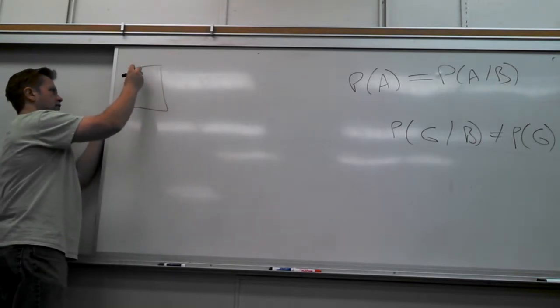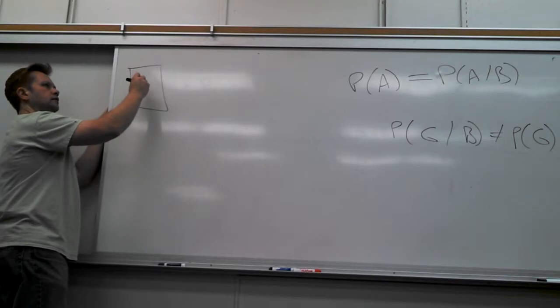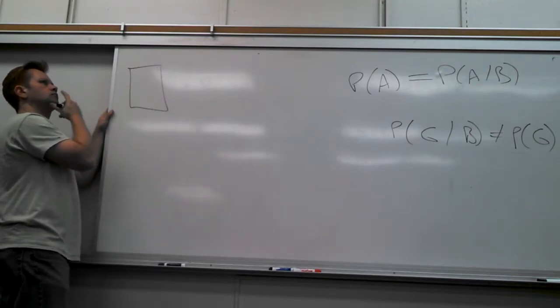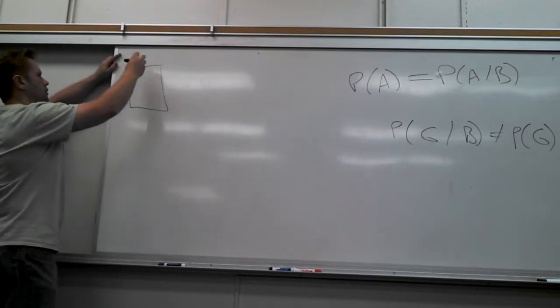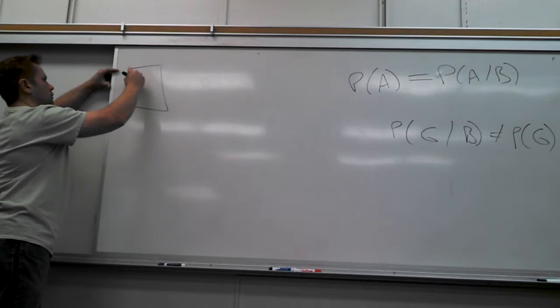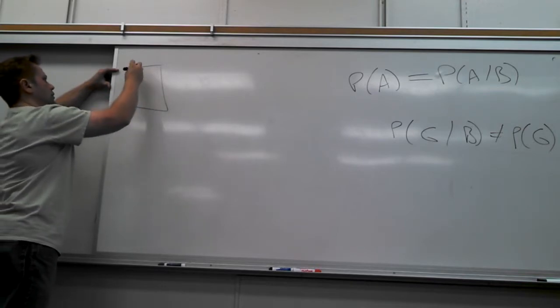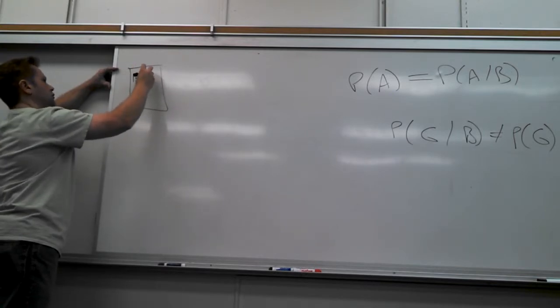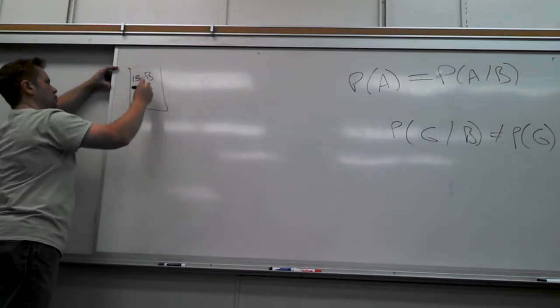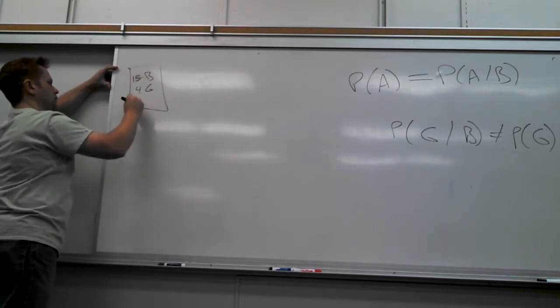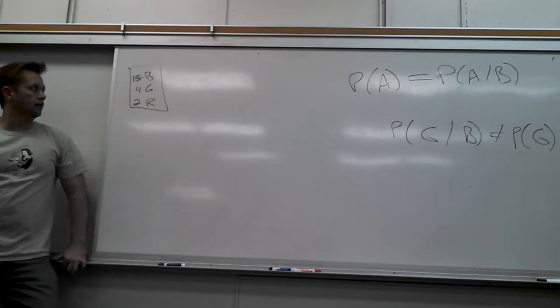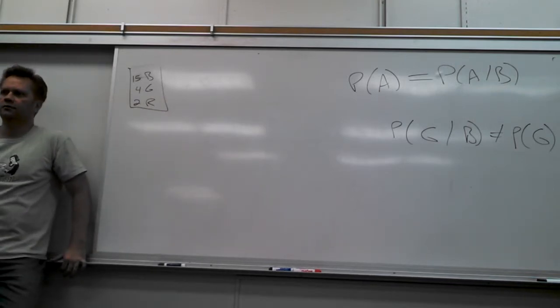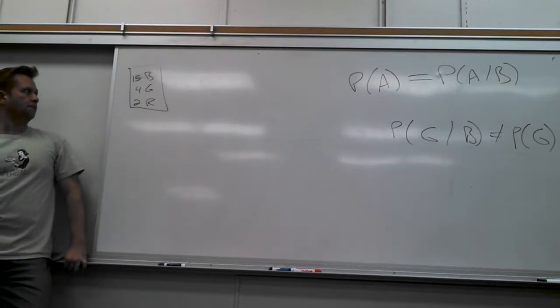In this room, I've got 15, for example, we'll just make it that. 15 blue chips, 4 green chips, 2 red chips. This works well enough. My creativity is 0 right now.